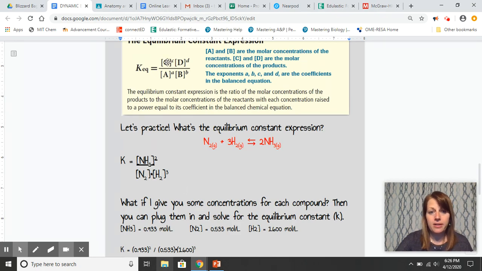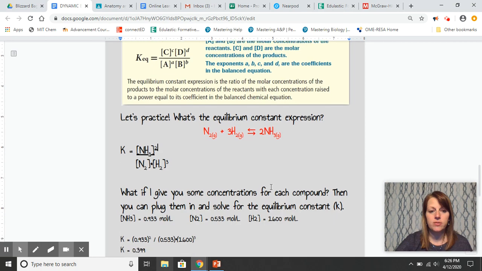Now up here we had 2 products. Here we only have 1, so we just put 1 on the top. No big deal. So what if I had some concentrations for each compound? You can set up the expression, but now we can actually plug in some numbers and find out what this K, this equilibrium constant, is going to be.